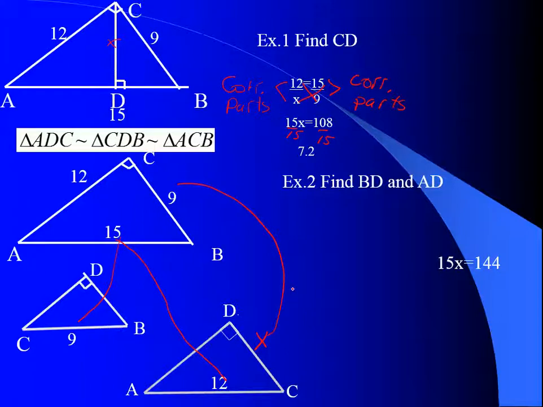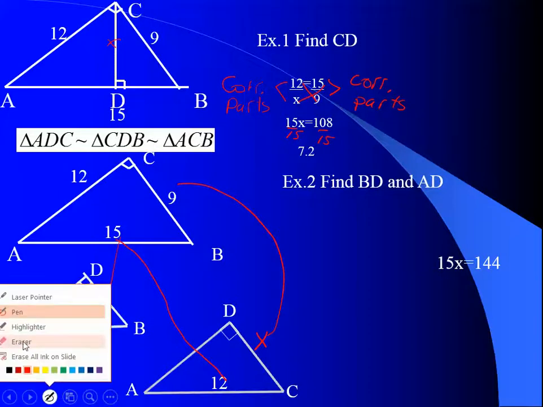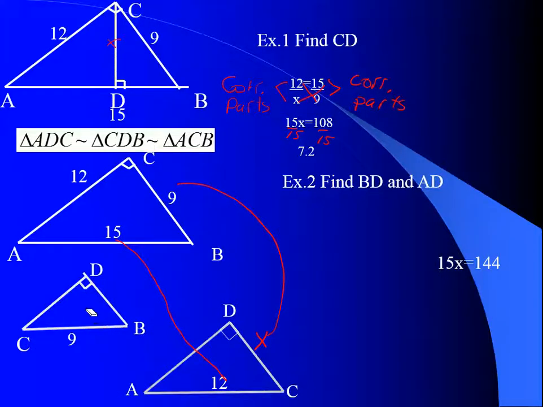Okay, let's find BD and AD now. So BD, let me erase these arrows that I just did so they don't get in the way of the new problem.